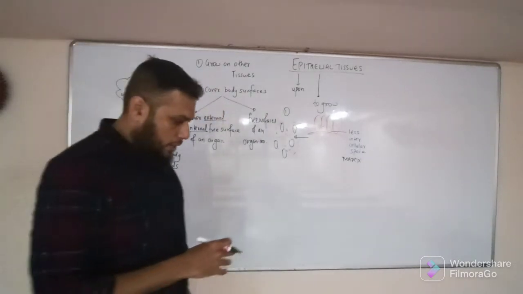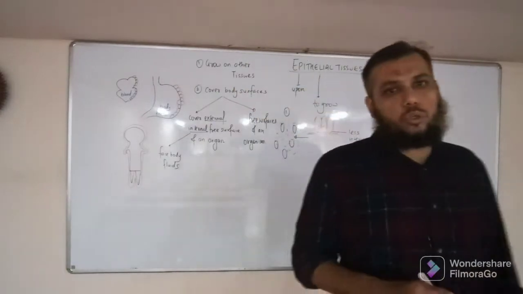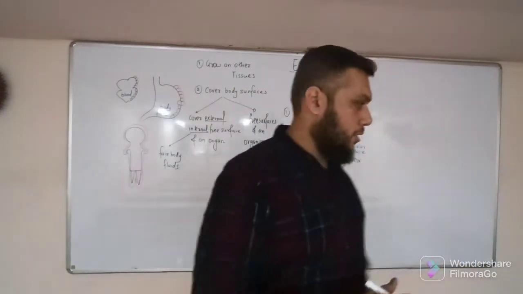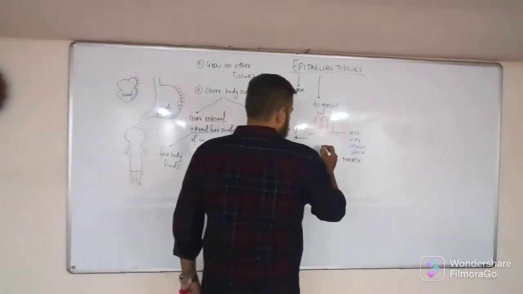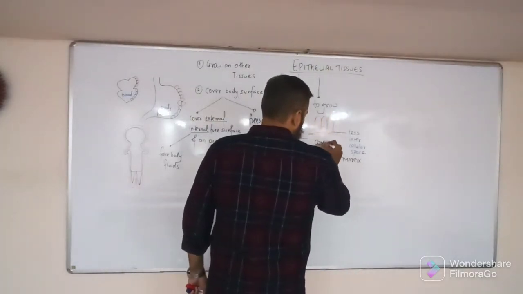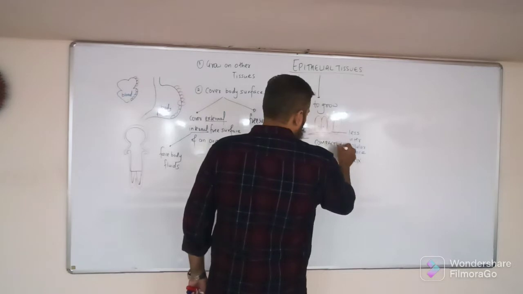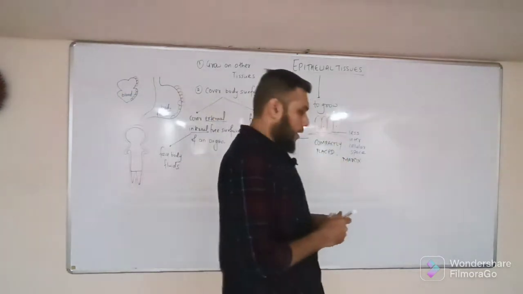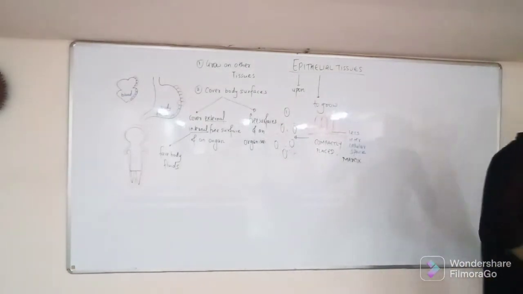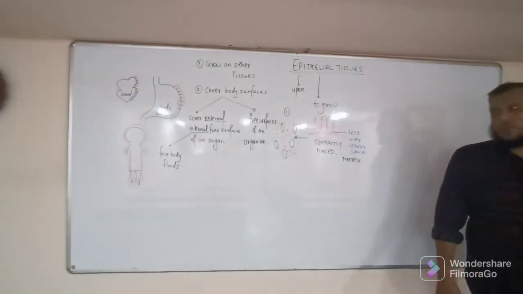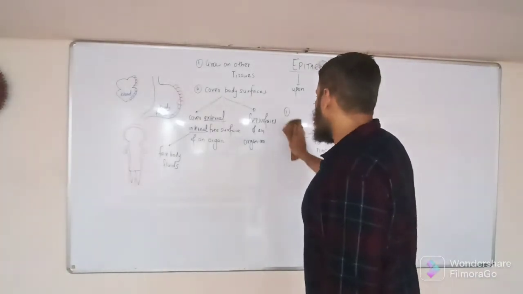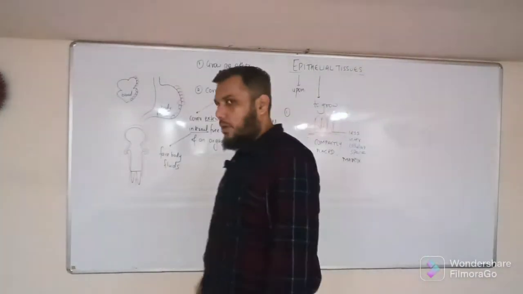So that is why we say that epithelial tissues are those tissues where the cells are compactly placed. The cells of the epithelia are compactly placed means that the epithelial tissue has very less intercellular space and shows the presence of a very small amount of matrix.